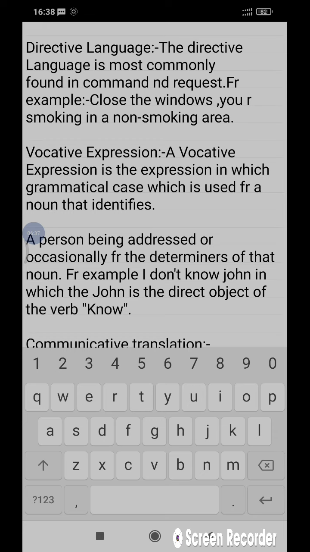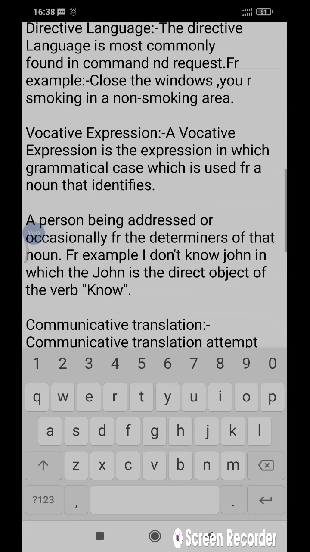When we try to address a person or things, the name of a place, a person, or the name of other things, we are going to discuss the vocative expression. A person being addressed or occasionally for the determiners of that noun.